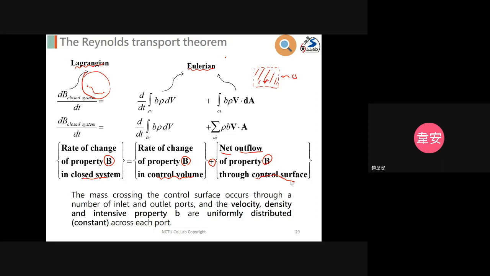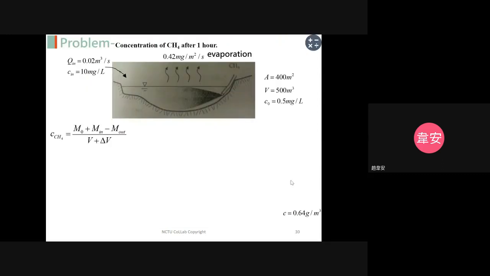Okay, so for the following ideas, I showed two cases. Even though we didn't know the Reynolds transport theorem before, for the following two case exercises we can still analyze them with our basic background.